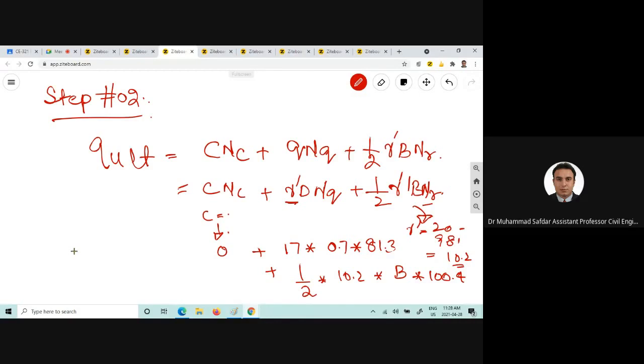Okay, solve for B then. We need to find out the width of the foundation.